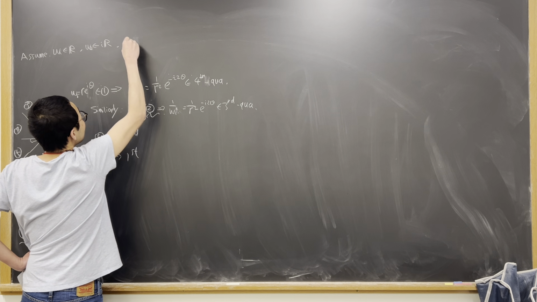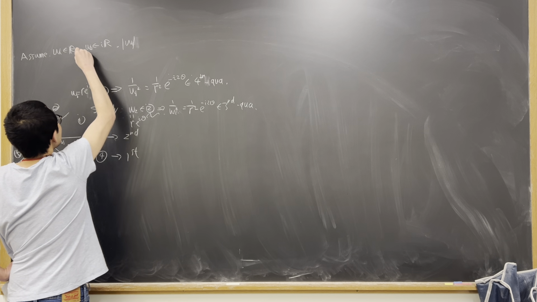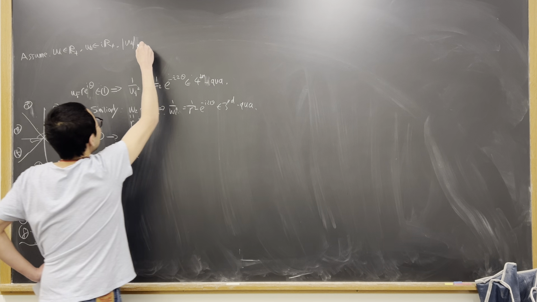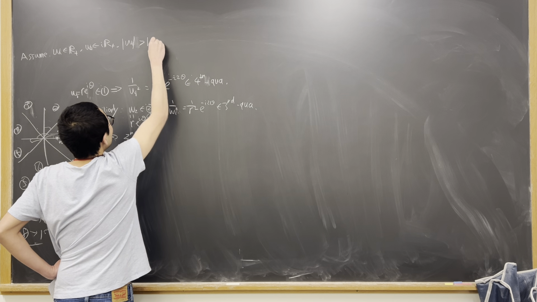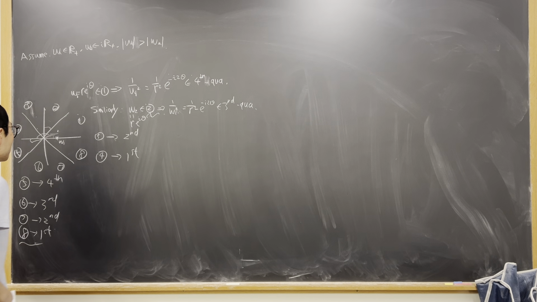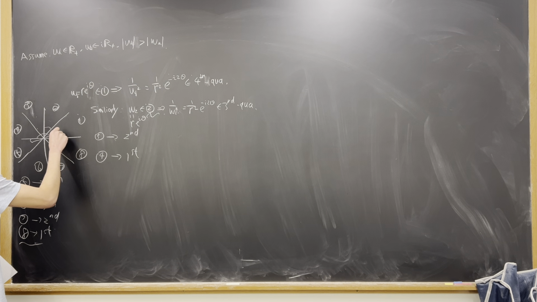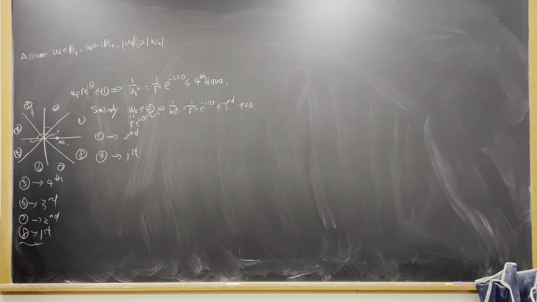Let's just assume that the modulus of omega 1 is bigger than the modulus of omega 2. So here, if I'm looking at the lattices that are in this region 8, I think maybe after rotation they lie in the first quadrant.